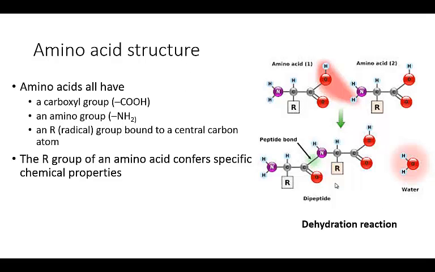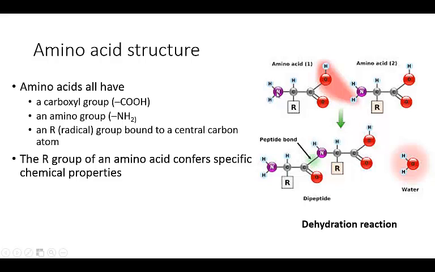So let's focus in a little bit first on amino acids. Amino acids are all going to have several groups in common. They're all going to have a carboxyl group, or C double bonded to an O with an OH on the other end. It's going to have a central carbon that's attached to a hydrogen.